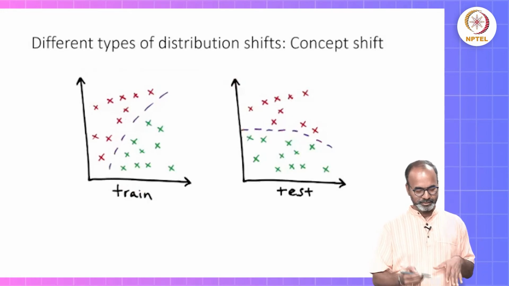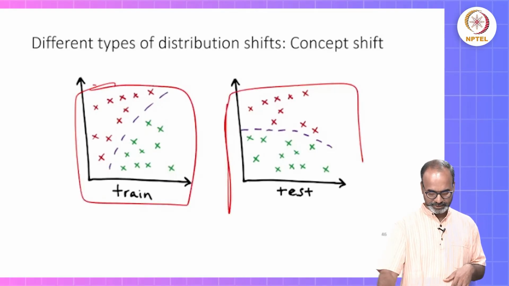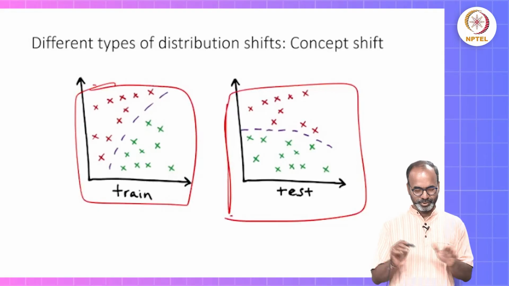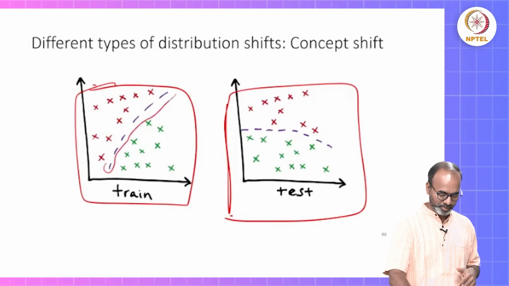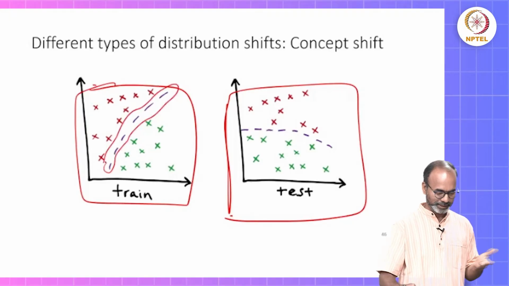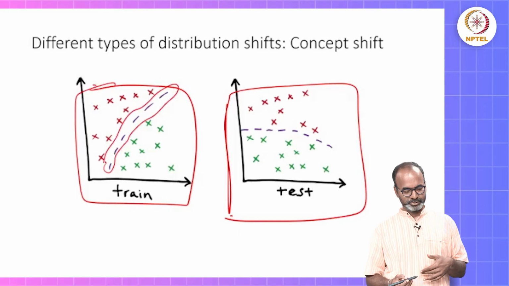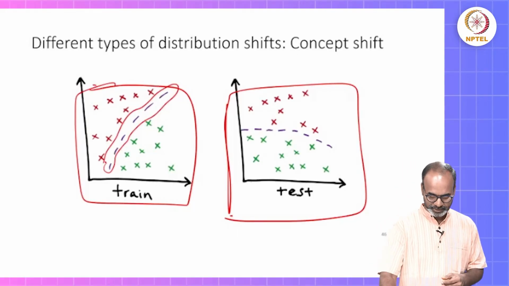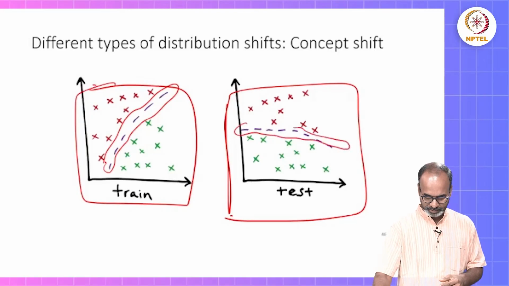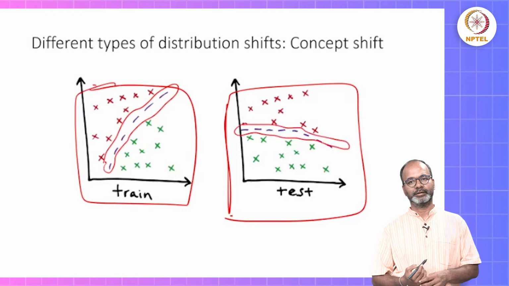Here the train is this distribution, test is this distribution. You can already see where I'm going. Let's take it as if this was classifying an image into two categories. Here is the model that is trained here.